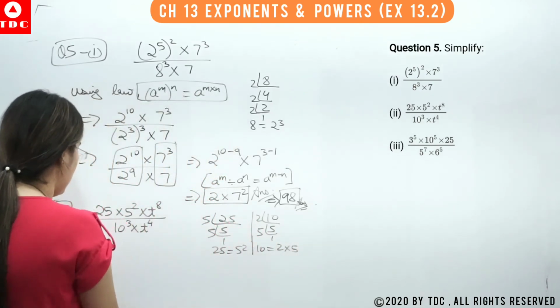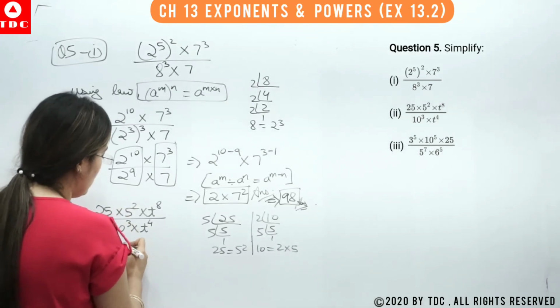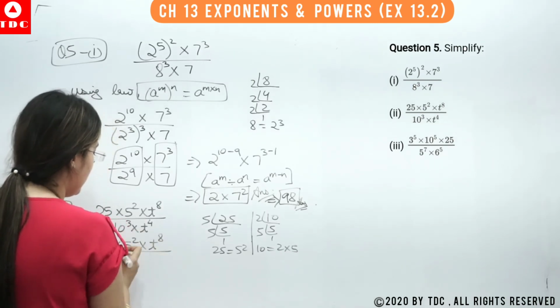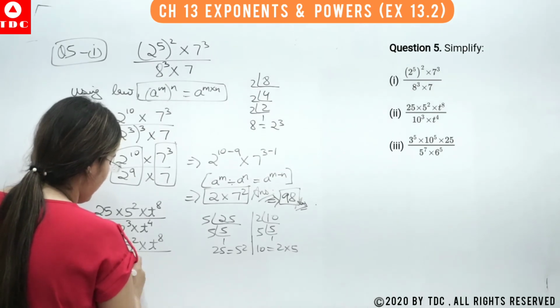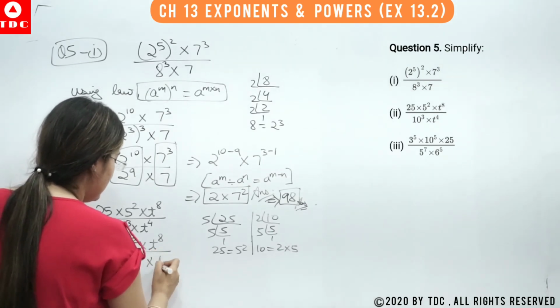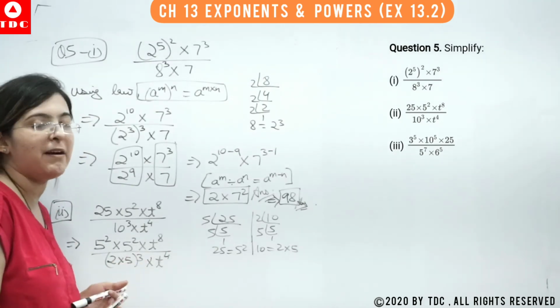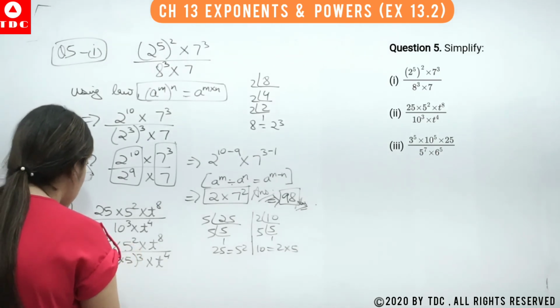So in place of 25 we will put 5 into 2, 5 square, into t to the power 8. Here in place of 10 we can put (2 into 5) to the power 3 into t to the power 4. Now the power 3 is with both the terms in the denominator.